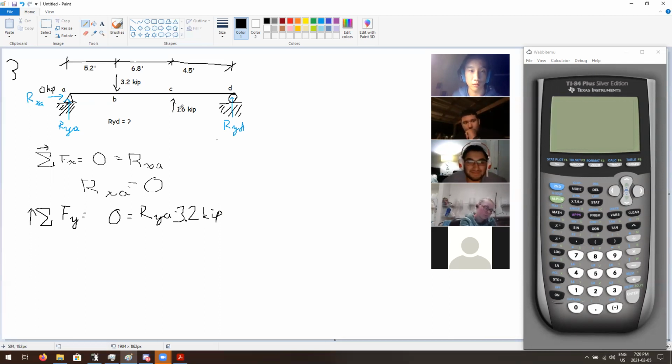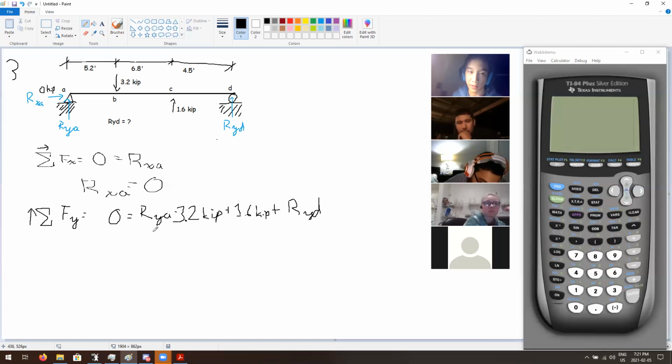Next one, 1.6 kip, it's going up, plus 1.6 kip. There's one right here, a reaction going up, plus R sub y D. This is what the problem is asking for.